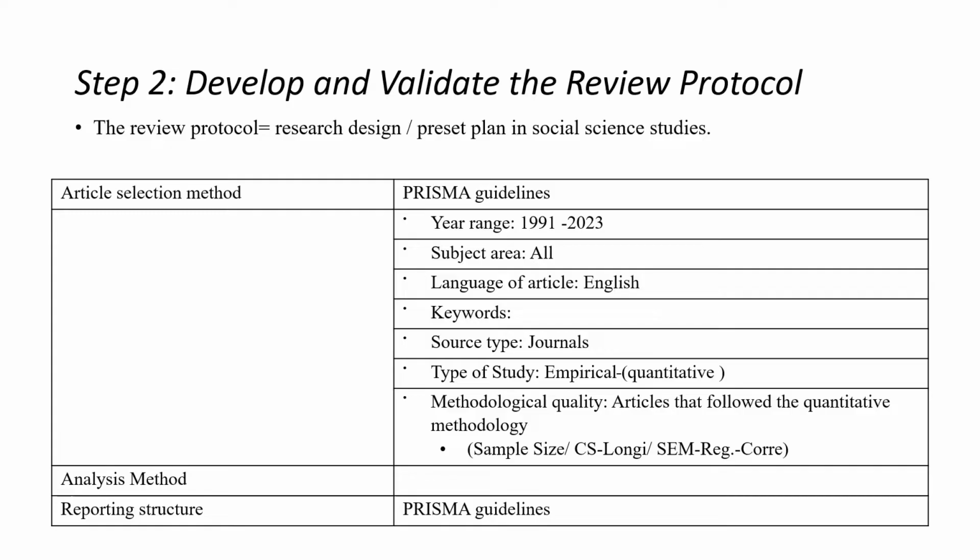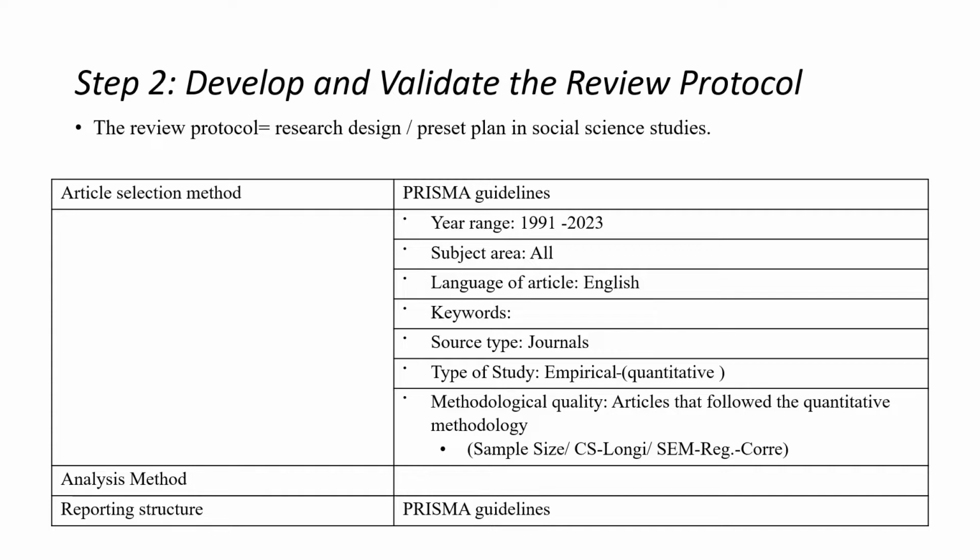You need to download the application and submit it. This is especially for those who come from medical sciences and health sciences, right? Fortunately, we don't need it, but some journals, even though we are from the management and business field, social sciences, require us to register our protocol and get a registration number.